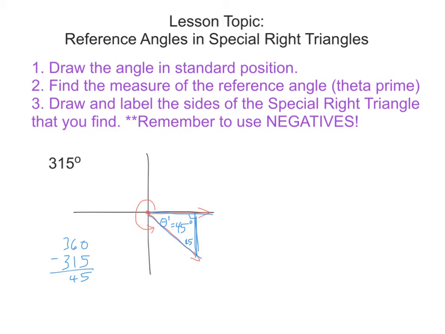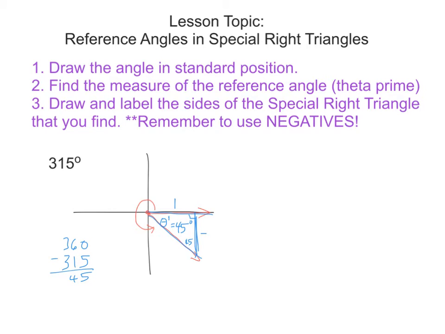So what we're going to do is we did the drawing of the right triangle. Now we're going to label the sides of our special right triangle. Remember, we have to use negatives if we're moving left or down. Alright, so we're going to name those sides. And we know in a 45, 45, 90 triangle, across from the two 45 degree angles is a side length of 1.